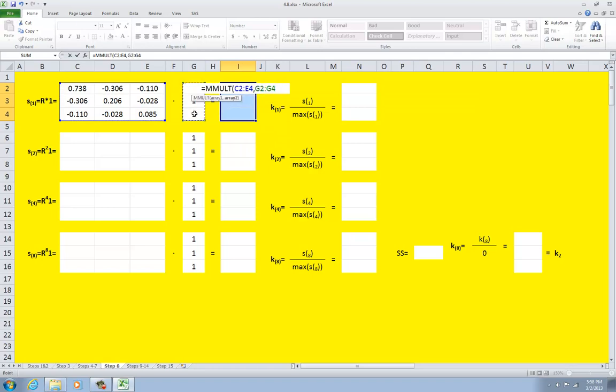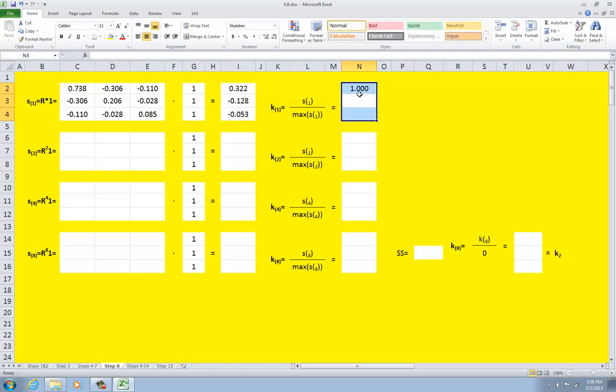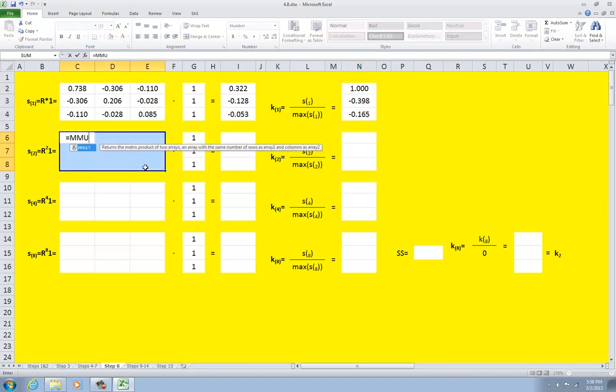Find the row sums. Divide by the max, which is the top one here, 0.322, which will give us 1. And then when we do Control-Shift-Return, it gives us that. And we can continue here.